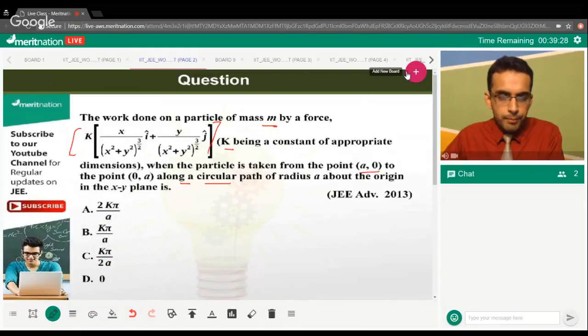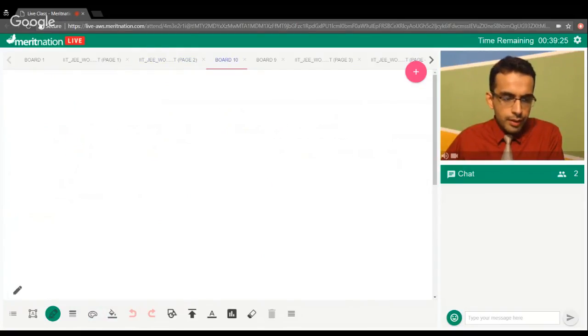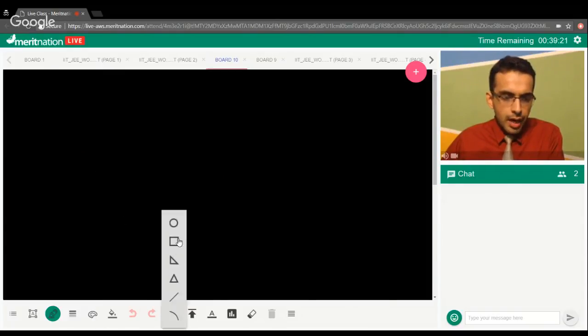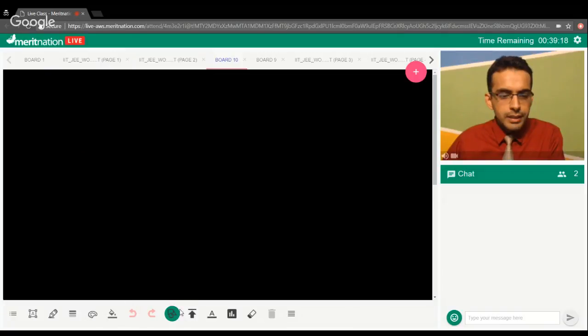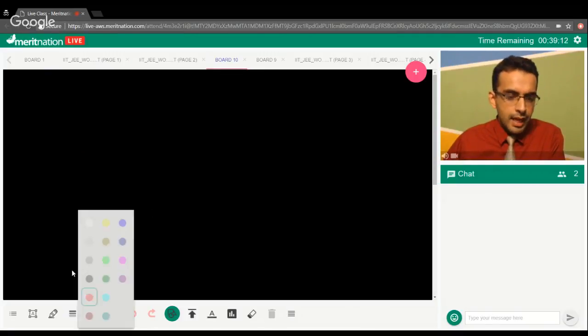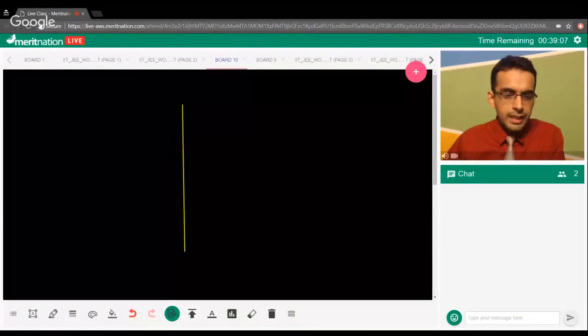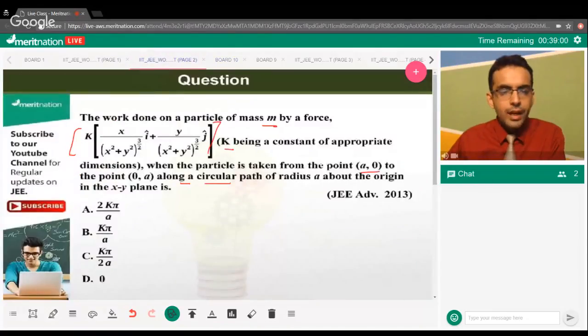Let us see what the situation is here. A particle is moving in the xy plane such that the initial position has coordinates a comma 0, and the final coordinates are 0 comma a, right?